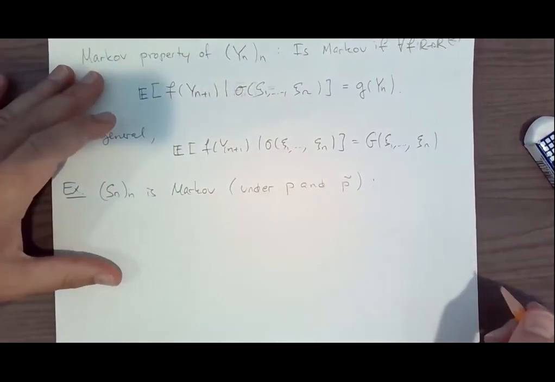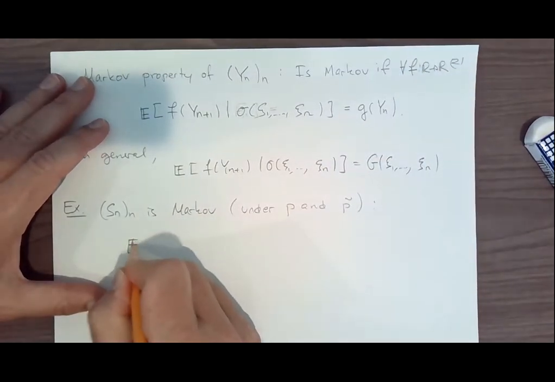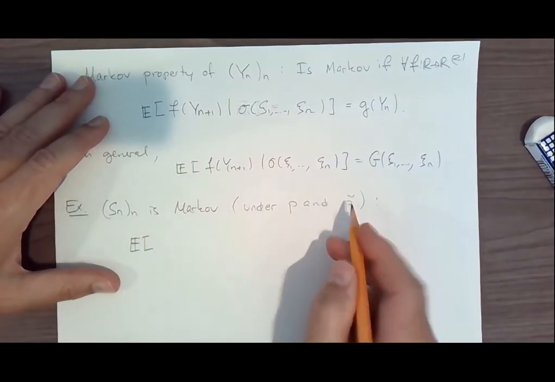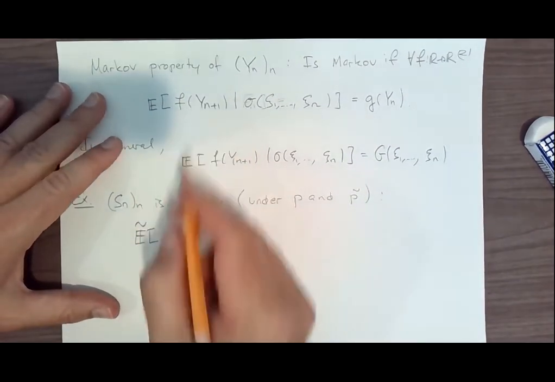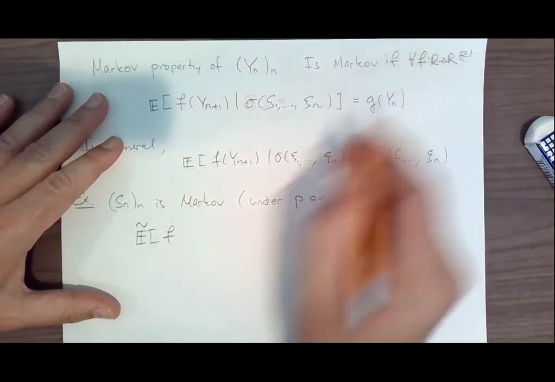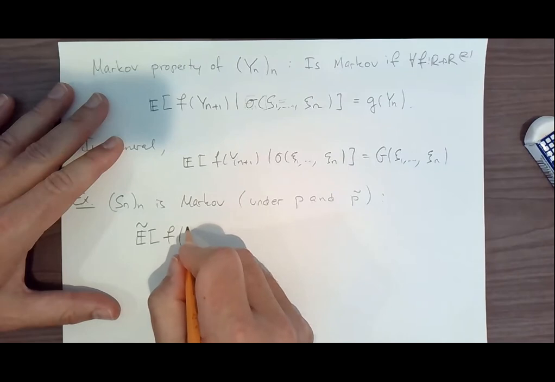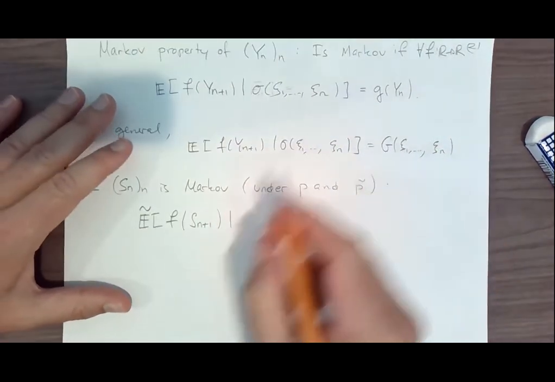To prove that, we need to take a function and calculate the conditional expectations. Let's do it under P tilde, because this is where we're going to be using it. So you take an arbitrary function, any function that you want, you plug in Sn plus 1, and you condition on all the previous coin flips.